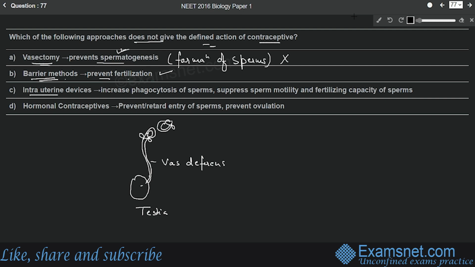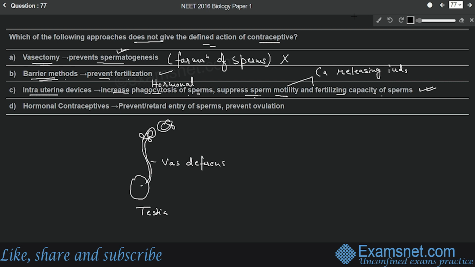Now come to the third one. It is intrauterine devices, that is IUDs, increase phagocytosis of the sperms, suppress sperm motility and fertilizing capacity of the sperms. So this is also correct. The phagocytosis of the sperms is increased by the hormonal IUDs, whereas the sperm motility and fertilizing capacity are suppressed by the copper releasing IUDs.